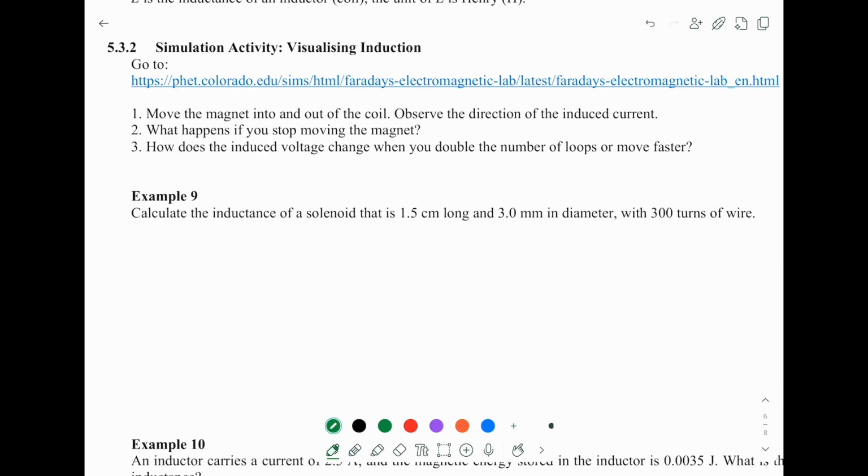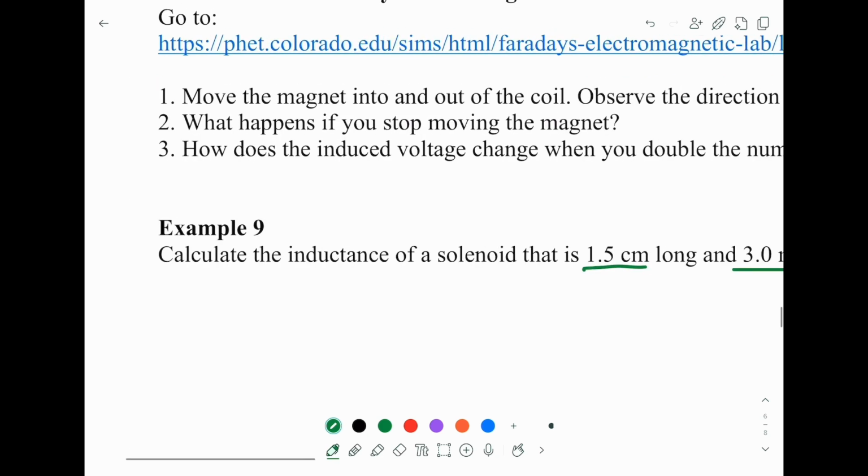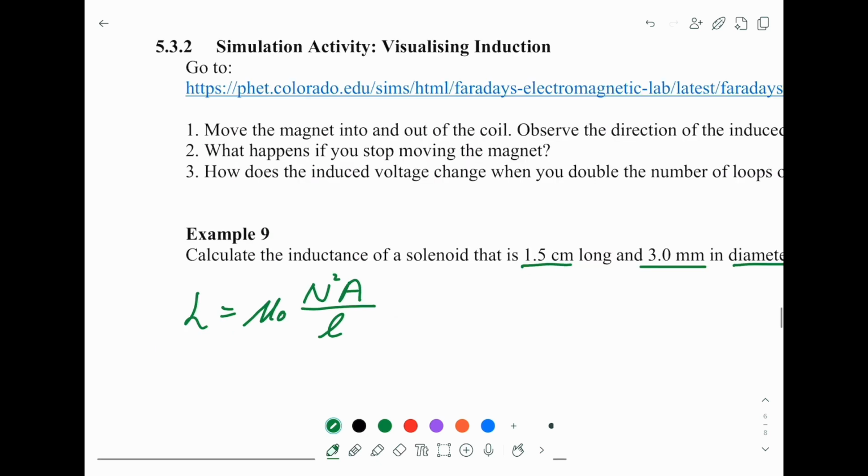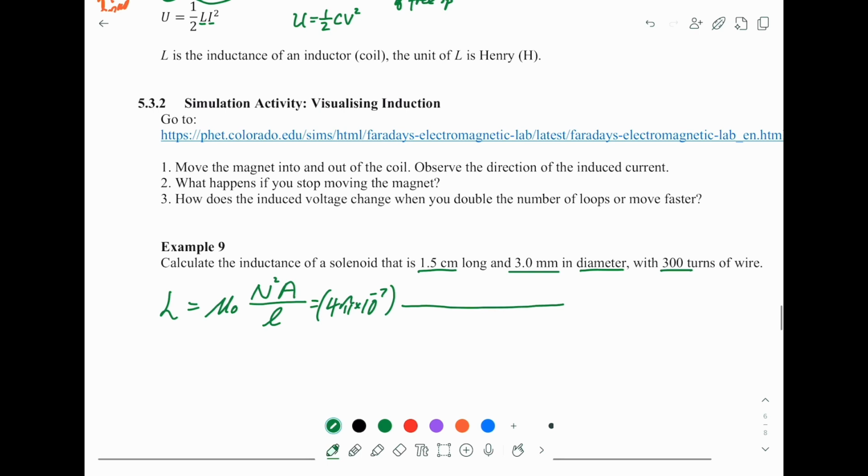So example number 9: calculate the inductance of a solenoid, which is 1.5 centimeter long, 3.00 millimeter in diameter, 300 turns. L is proportional to N squared A over l, and this is 4 pi times 10 to the minus 7, the permeability of free space. Number of turns, 300 squared.